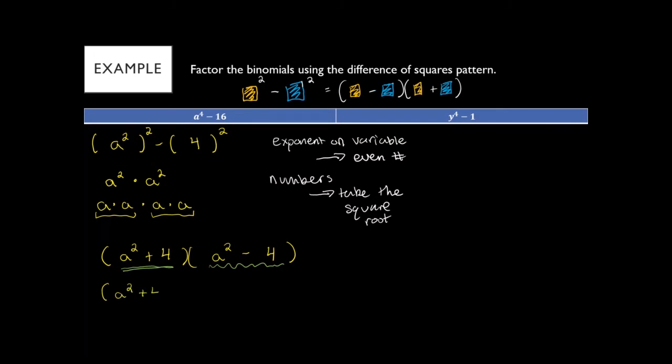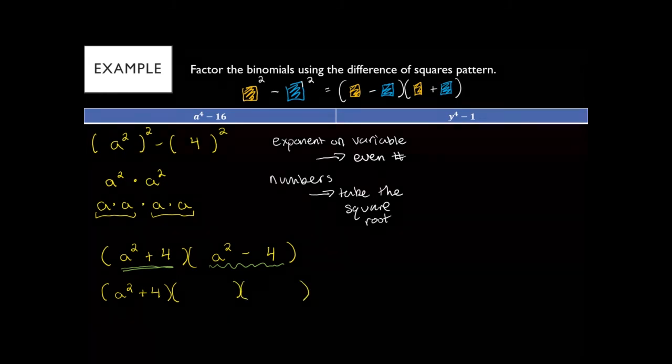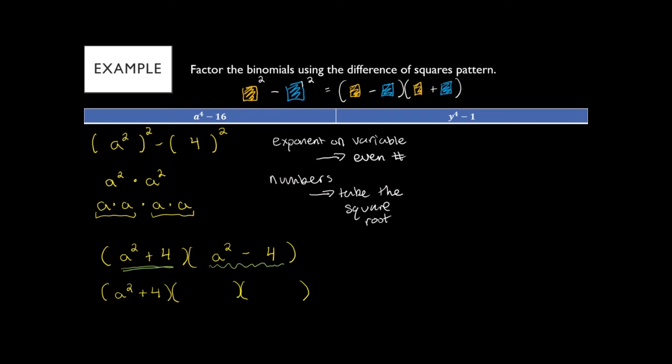So we have a squared plus 4, but I can split the a squared minus 4 even further. I've got a squared, so that means there's going to be an a in the front and in the back, with my plus and my minus. And 4, I can rewrite as 2 squared, so 2 is going to be in the front and the back.